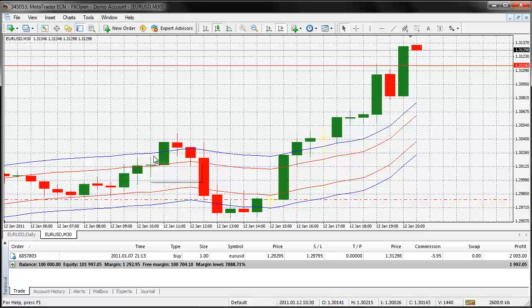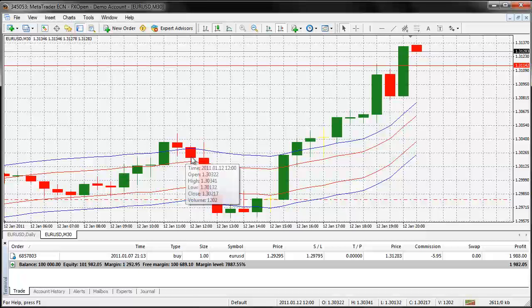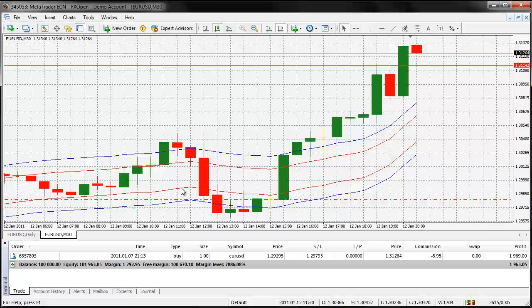This is also 0.2 and that's also 0.1, but they are the upper bands of the deviation. We want to see the currency price break above, and then close inside the 0.2 and the 0.1 deviation area, and there it is, and we go short on the next bar. We can target the next deviation 0.1 level, or we can target the 0.2. 0.1 will probably be your best bet to target.